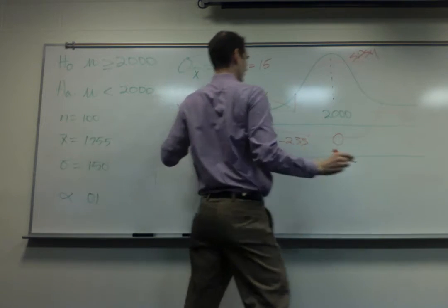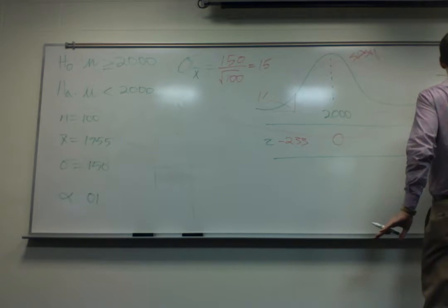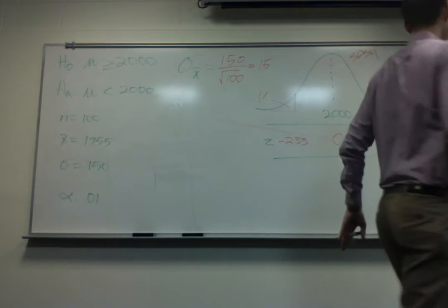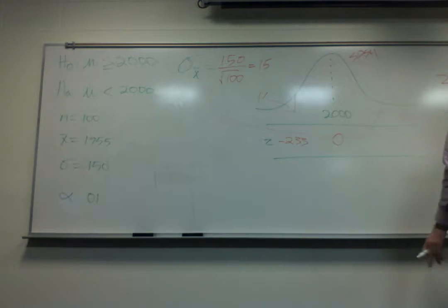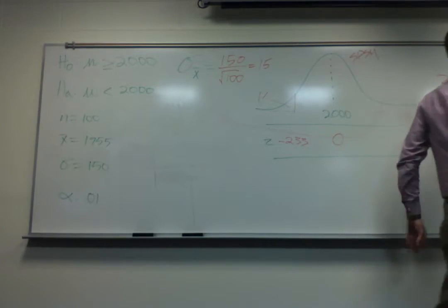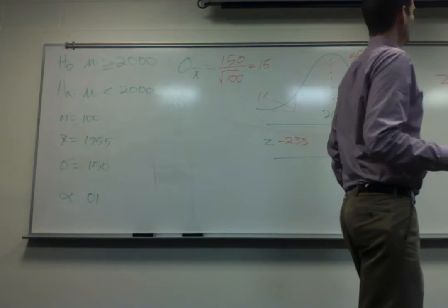Excellent. So our z stat is going to be the difference between our sample mean and the assumed mean: 1955 minus 2,000, divided by 15. All right, equals what? Negative 3, exactly. All right, fantastic.